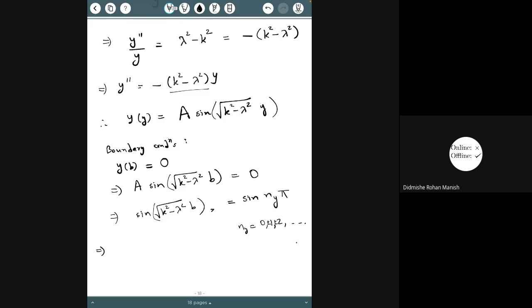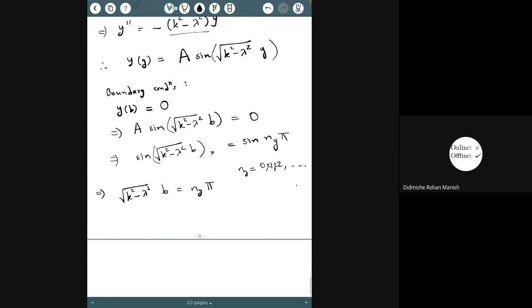And then I get root over k square minus lambda square times b equal to n_y pi, so root over k square minus lambda square equals n_y pi by b.